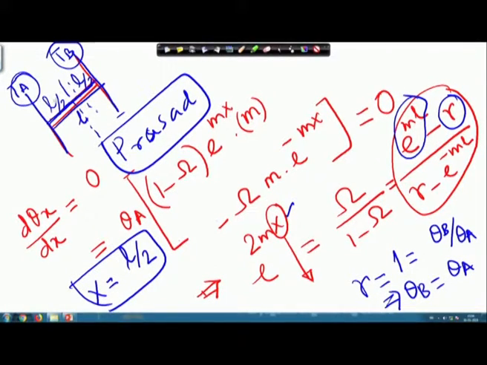So, if that is so, if there is a kind of adiabatic condition at the middle of that fin or anywhere at the fin, we can assume that there exists a kind of adiabatic condition at the fin tip, and we can easily use that eta f equals tanh(mL) by mL.